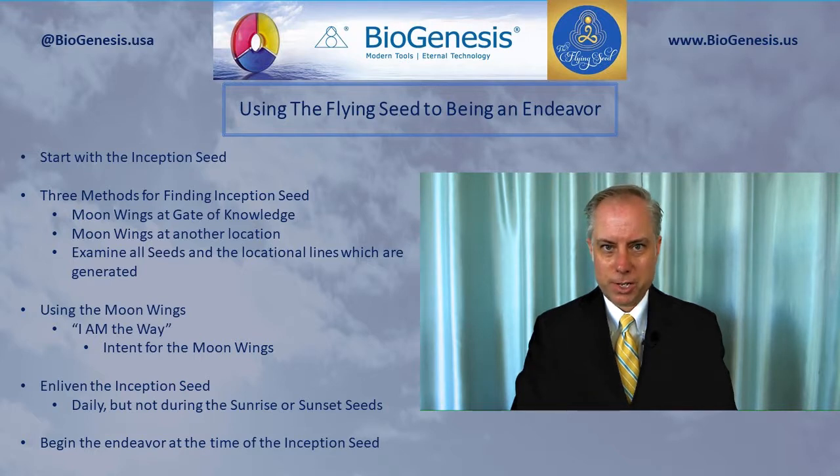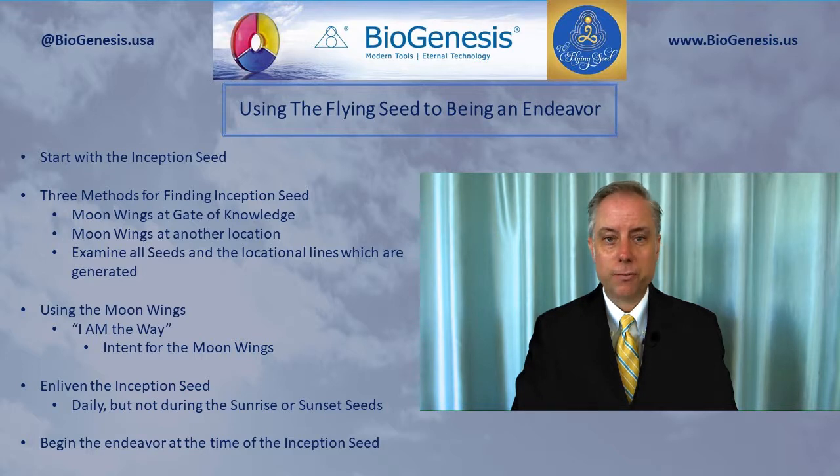What Lantos is saying is you can examine the inception seed, the 81 different possible inception seeds, go through the entire process of the location harmonics, and find the bands that will be most supportive for your location.